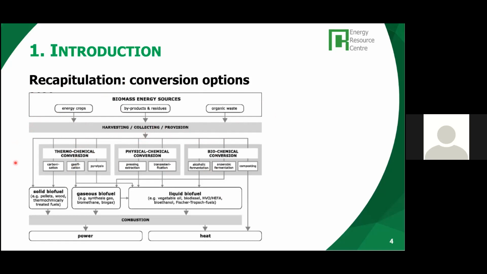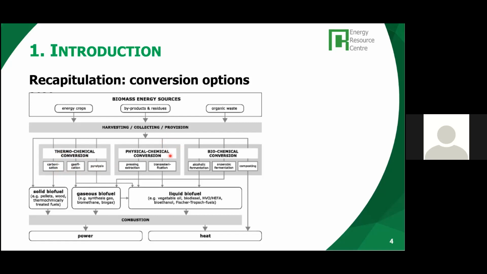On one hand, we have thermochemical conversion, which includes combustion, which includes pyrolysis, either fast pyrolysis yielding liquid products, or slow pyrolysis yielding solids, charcoal. We have gasification, solid biomass gasification, resulting in a gaseous intermediate product.